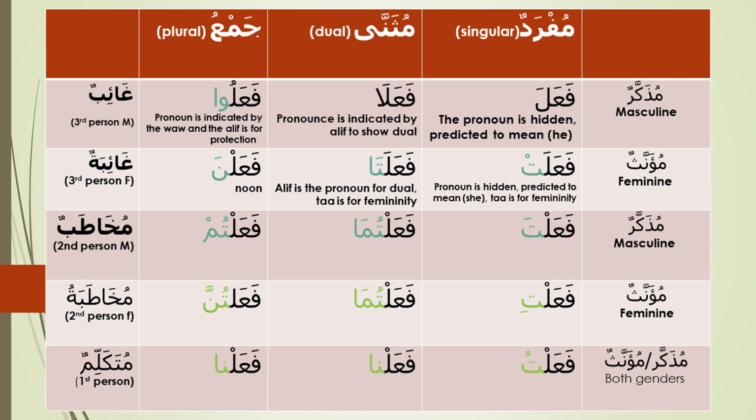No, the 3-letter past scales. Fa'ala. What's the other one? Fa'ila and fa'ula. Those are the 3. Fa'ala, fa'ila and fa'ula. The change is only in the ayn. Please remember that.